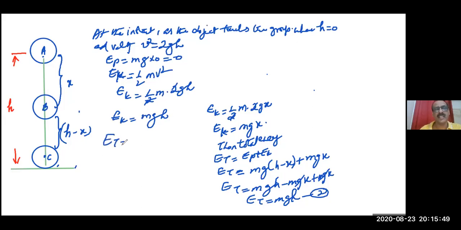Therefore, total energy is equal to 0 plus mgh. Then ET is equal to mgh, equation number 3. From equations 1, 2 and 3, the total energy remains the same throughout its free fall.